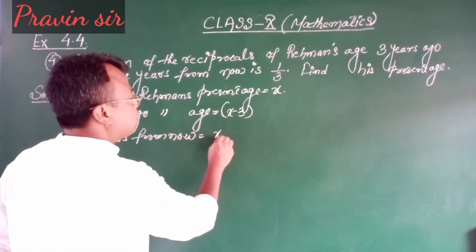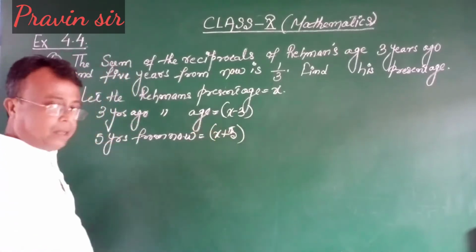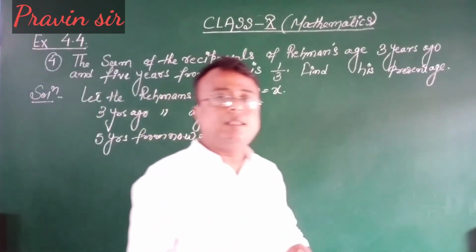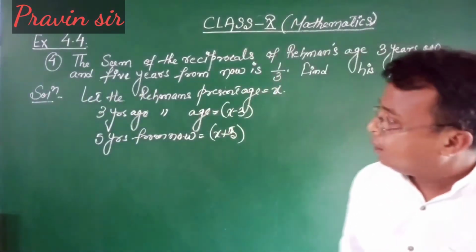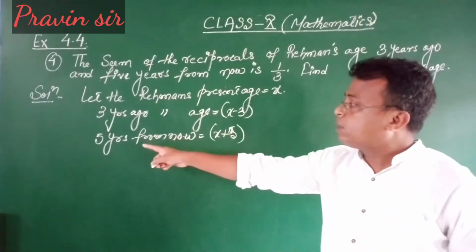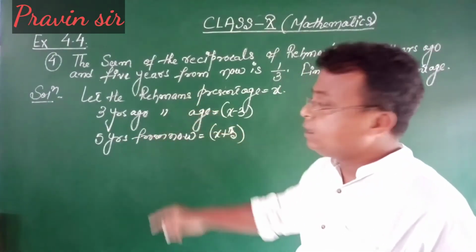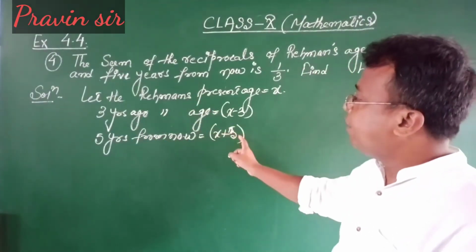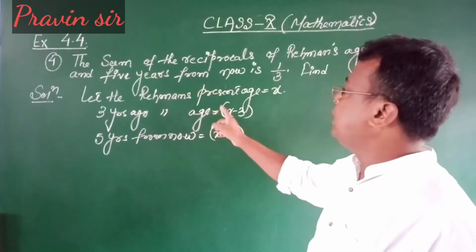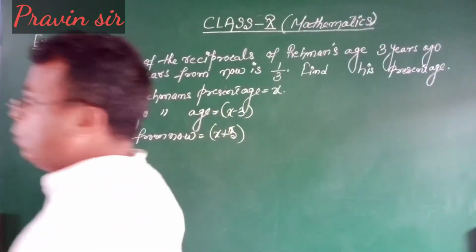It is x plus 5. Suppose my present age is 40 years, what will be my age after 5 years? So after 5 years, Rahman's age will be x plus 5, and 3 years ago his age is x minus 3. Okay, now come to the question.